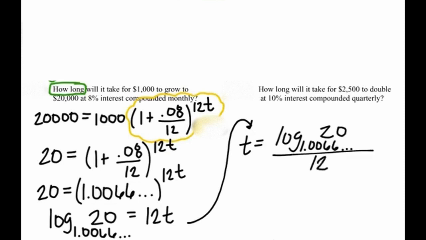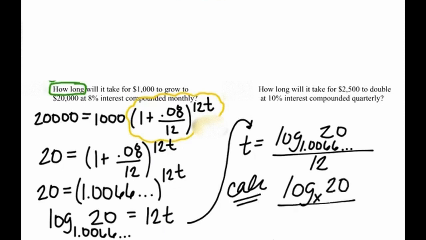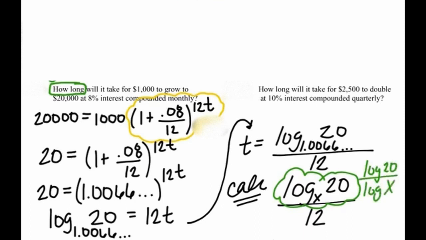But when you actually put this in your calculator, you're not going to type all of those decimals. You're going to type log base x of 20, all divided by 12, because we stored this decimal as the variable x on our calculator. And then remember, how are you really going to enter in your calculator log base x of 20? Well, you'll use your change of base property. That's going to be entered as the log of 20 divided by the log of x in your calculator.